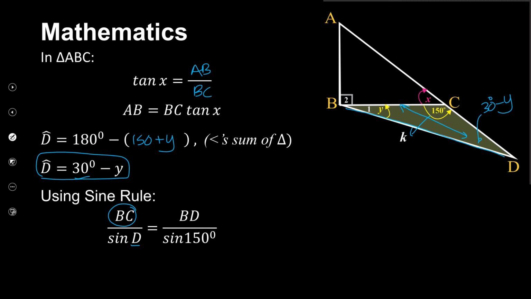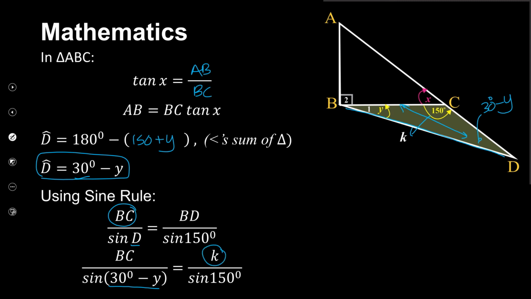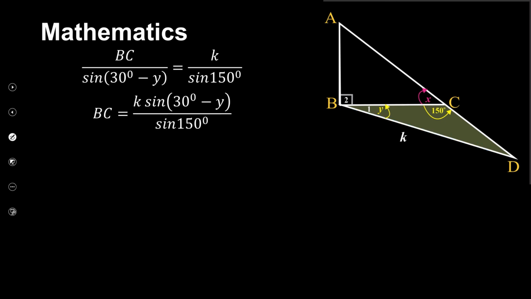So BD over sine of 150. Okay, and then D was 30 minus y, and BD was K, so we substitute those two in. Now we're going to make BC the subject of the formula by multiplying through by sine of 30 minus y, so it becomes K sine 30 minus y over sine of 150.